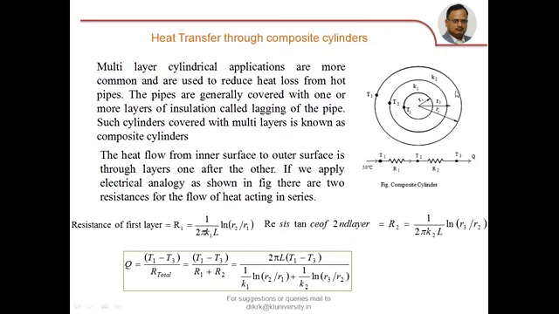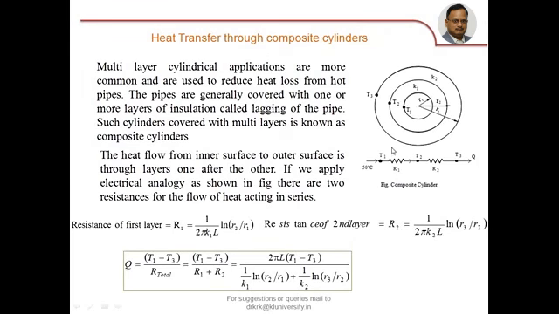Similarly, the second layer is from R2 to R3. Hence, the conduction resistance offered by the second layer is 1 by 2 pi K2 L log of outer radius by inner radius, R3 by R2. So totally there are two resistances: resistance offered by insulation 1 and resistance offered by insulation 2.